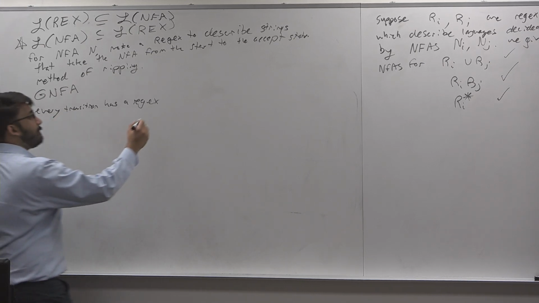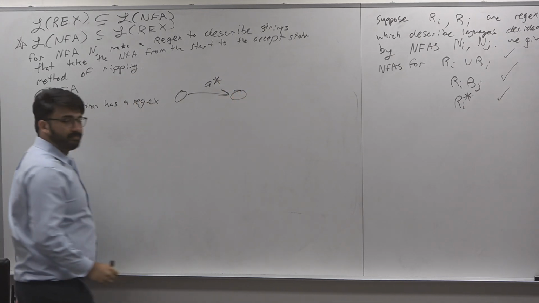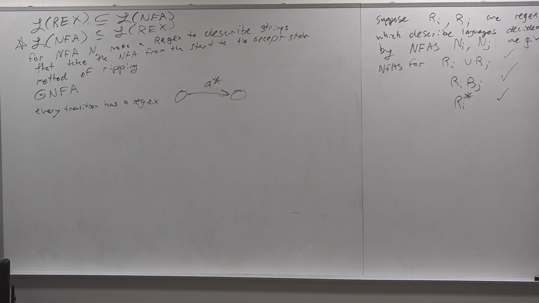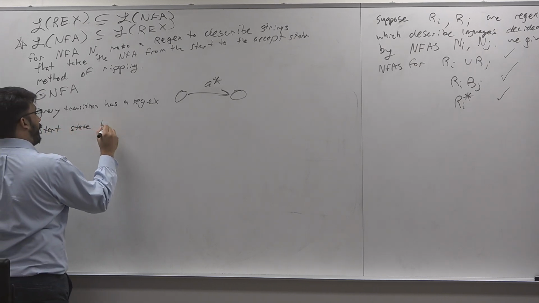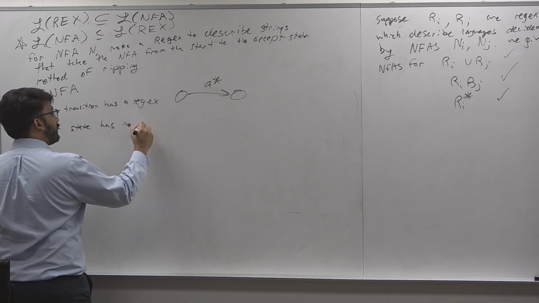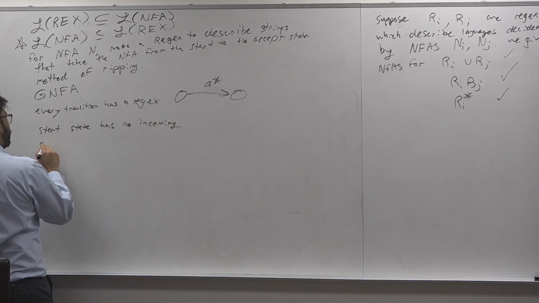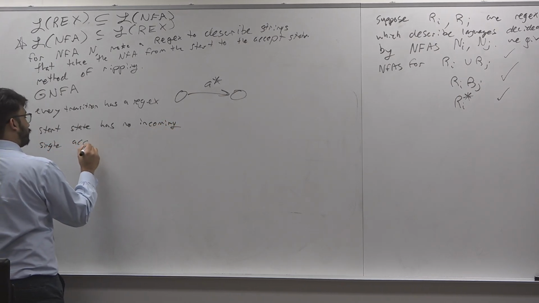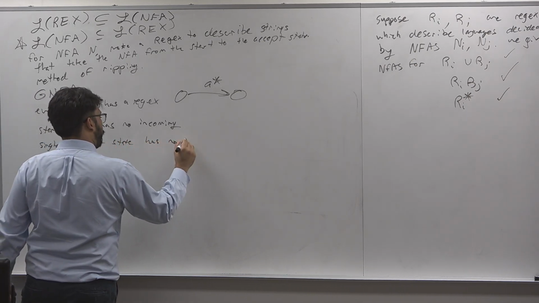Well, effectively, what that means is you can have something that looks like this, right? What that basically does is you take that transition if you can match the regular expression to some prefix of the string, non-deterministically, right? The start state has no incoming arrows. The single accept state has no outgoing.